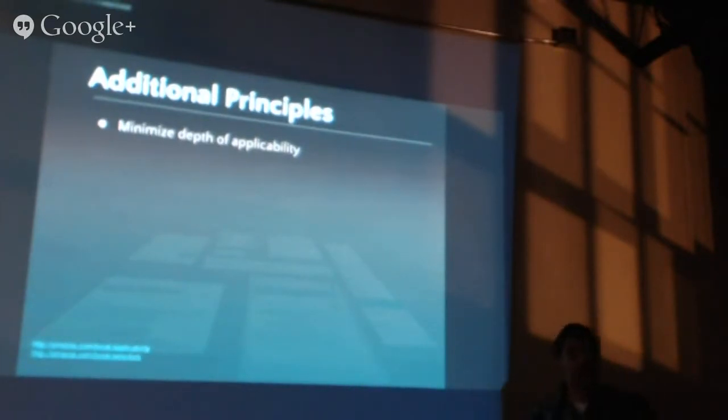A couple other things that SMACSS aims to do is minimize the depth of applicability, and all of these approaches do really. The whole concept is that you don't have those big chained classes that are really specific, really brittle HTML drills that go down into stuff. This is something I resisted pretty heavily at first: class naming almost everything.